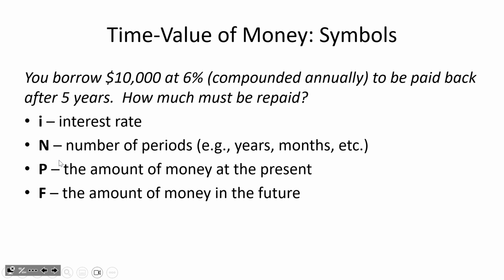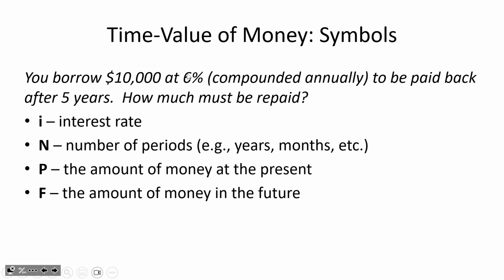P is a certain amount of money at time 0 when the transactions begin, and so it says here you borrow $10,000 at 6%. It doesn't explicitly say you borrow $10,000 at year 0, but just by definition, that's the first transaction that's described in this statement. So in our minds, we know that is the 0 point for when measuring time begins.